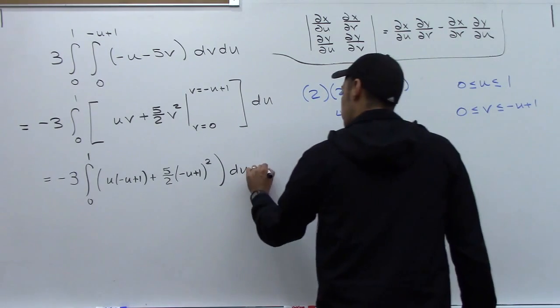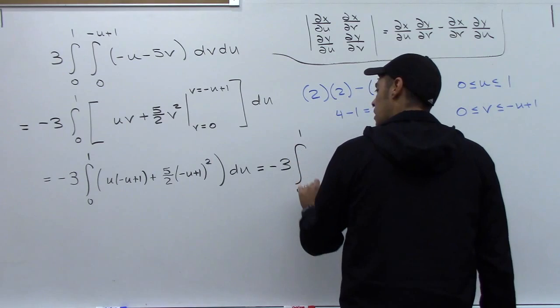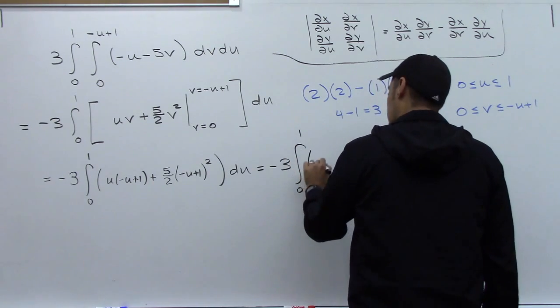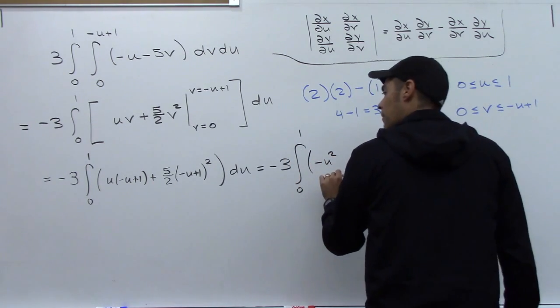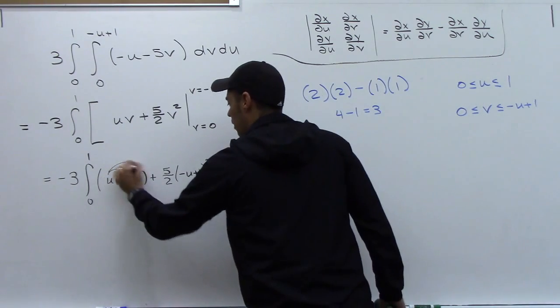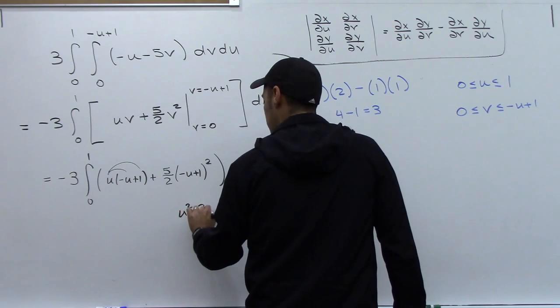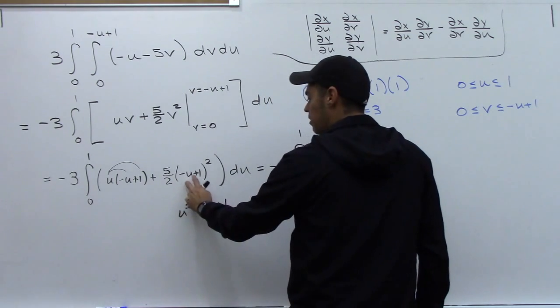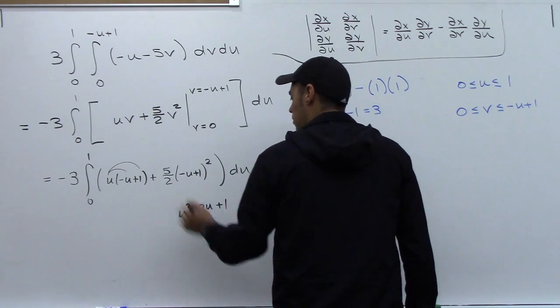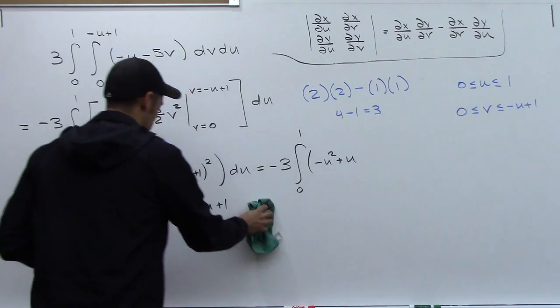And this is equal to negative 3 integral 0 to 1 of negative u squared plus u. It's just distributing here and here. This right here, if I square it, I get u squared minus 2u plus 1. That's what I get when I square this out. And then I multiply 5 halves through. So I'll save myself some time.